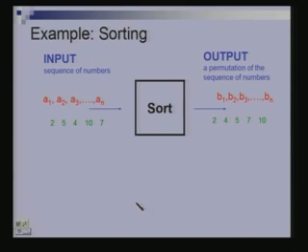Okay, so we need to take an example now. I'll take an example of sorting. You all know what sorting is. Yeah? The input is some sequence of numbers. The output is a permutation of the sequence, which is in non-decreasing order. Okay? So if this were my input, this should be my output.